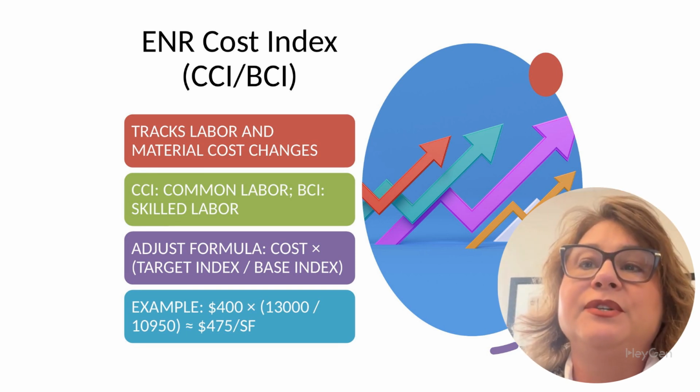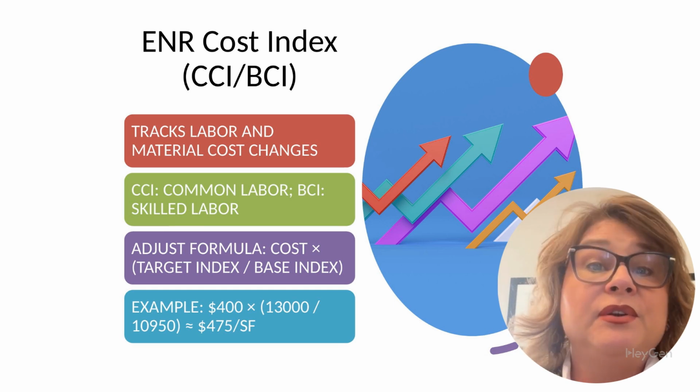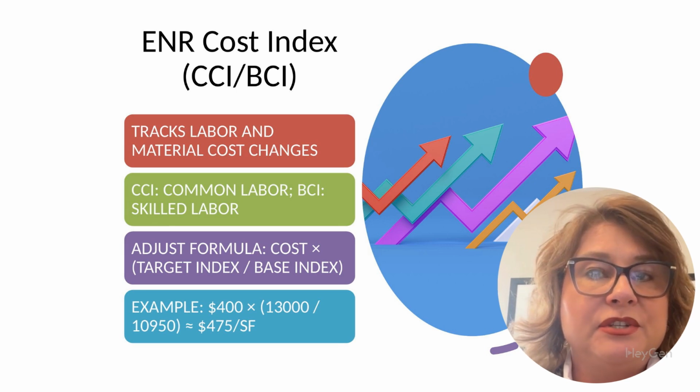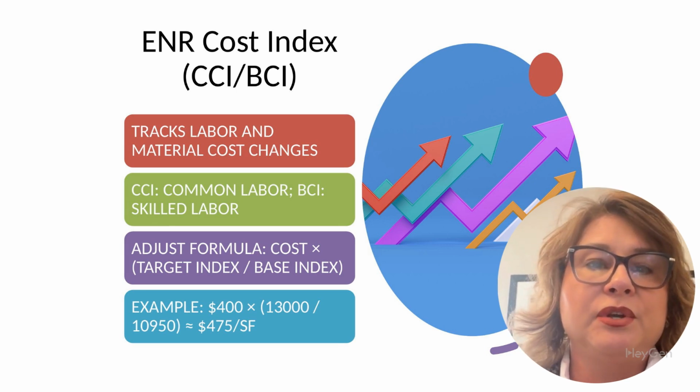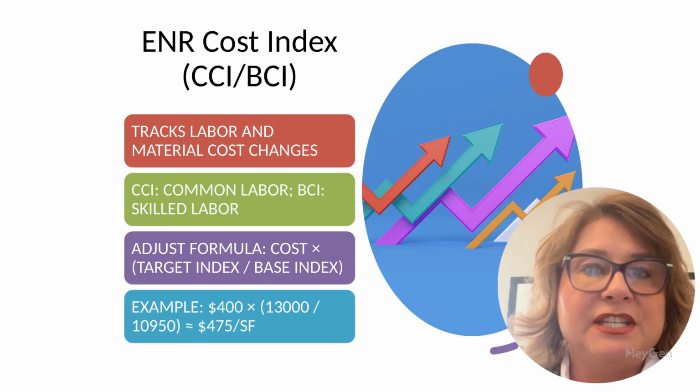2. CCI versus BCI. What's the difference? CCI uses common labor and basic materials like concrete, steel, and lumber. BCI uses skilled labor, including electricians, plumbers, and HVAC technicians, in addition to the same material inputs. So which one do you use? That depends on the type of estimate you're doing. Use case guidance.